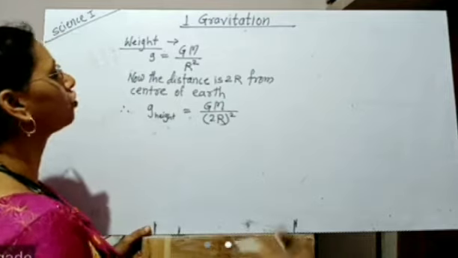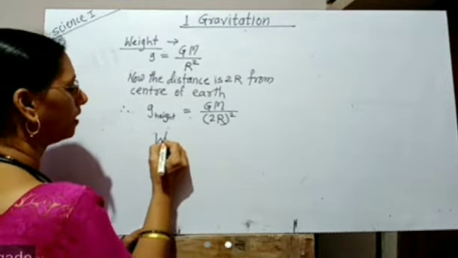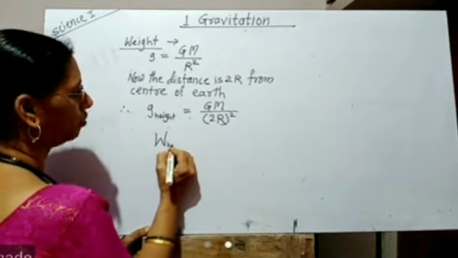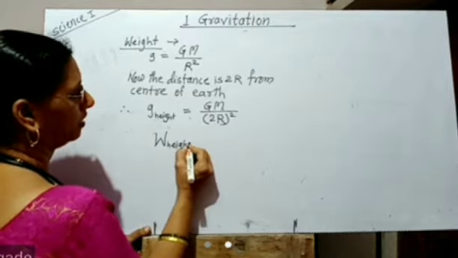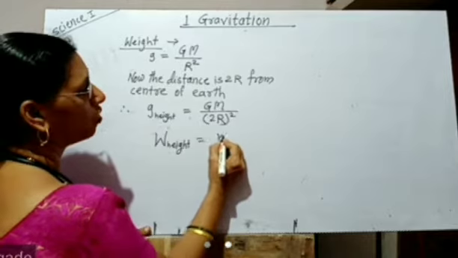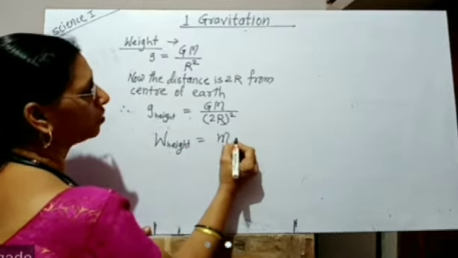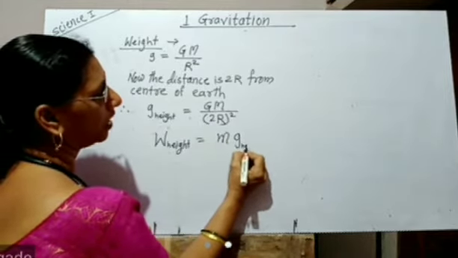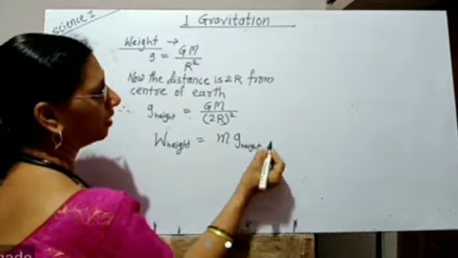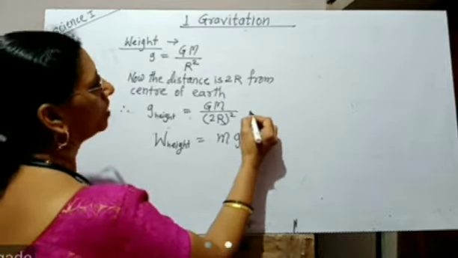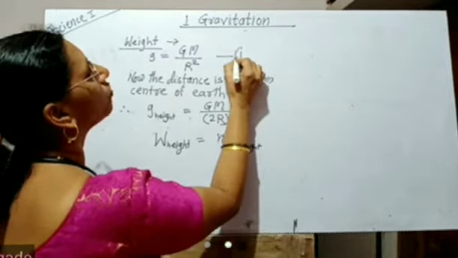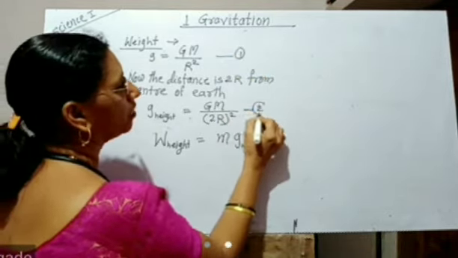Now we have to calculate the weight at this height. Therefore we have to write here weight at height is equal to mass into g at height. This is equation number 1, and this is equation number 2.